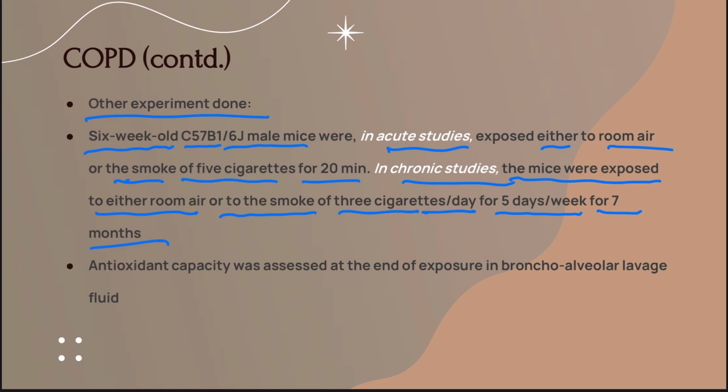That is a long duration for the chronic studies, and only 20 minutes in case of acute studies. And then antioxidant capacity will be assessed at the end of the exposure in the bronchoalveolar lavage fluid which is obtained from the particular mice.